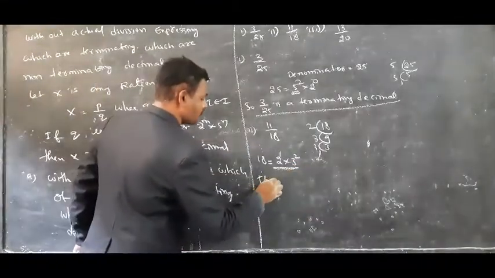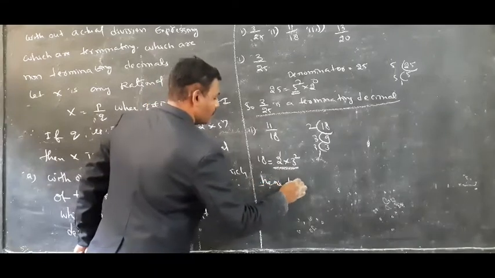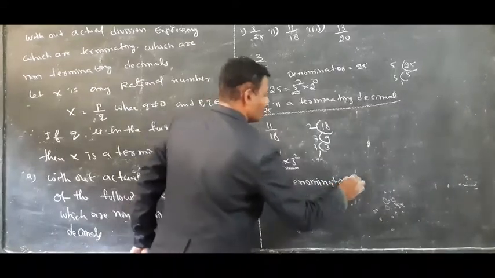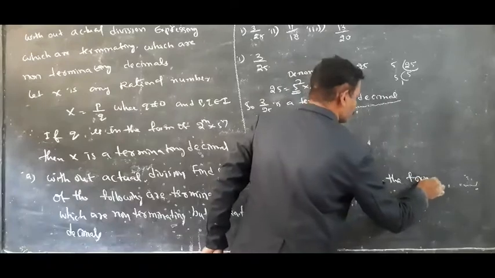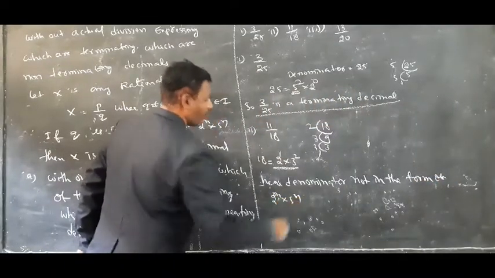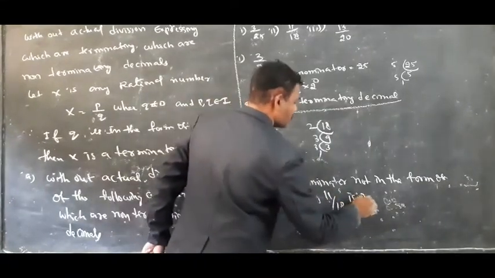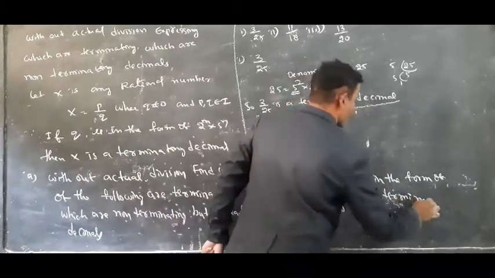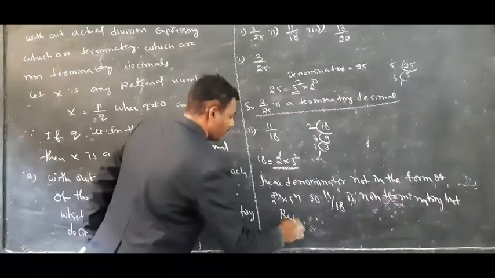So the denominator is not in the form of 2 power m into 5 power n, so 11 by 18 is non-terminating but repeating.